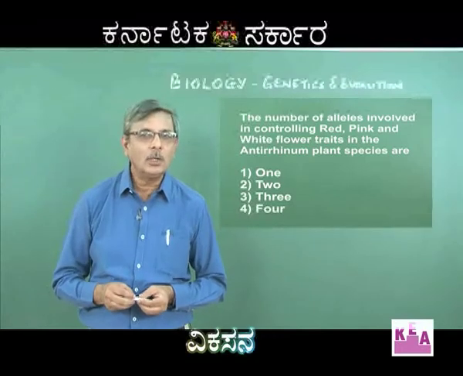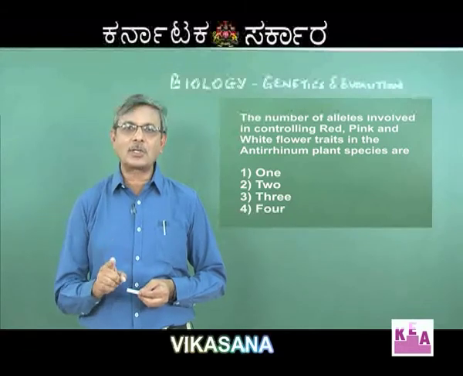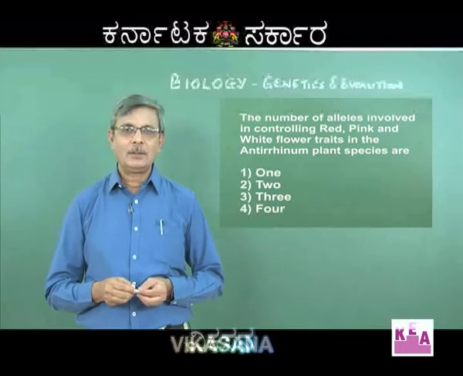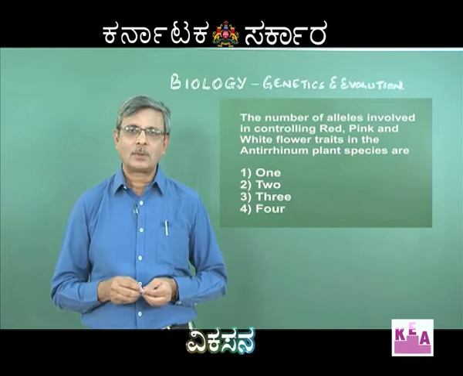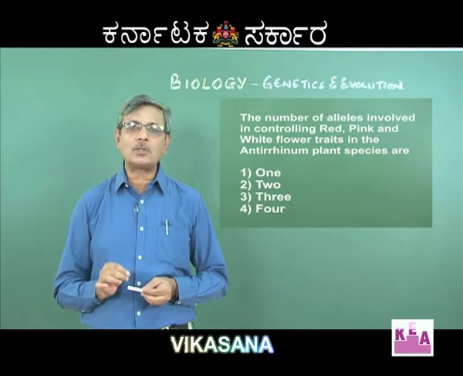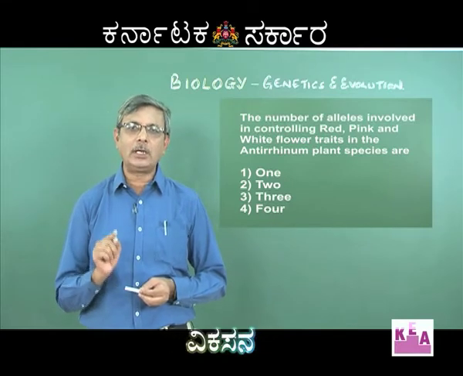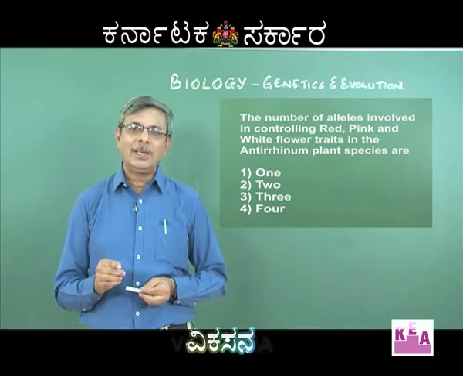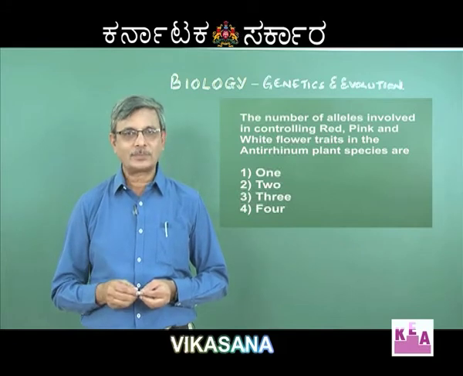I hope all of you know this is nothing but incomplete dominance, or partial inheritance, or intermediate inheritance. What is incomplete dominance about? Simply, when we cross two pure breeding parental stocks differing in a pair of contrasting features, in the F1 neither of the parental traits is completely expressed.